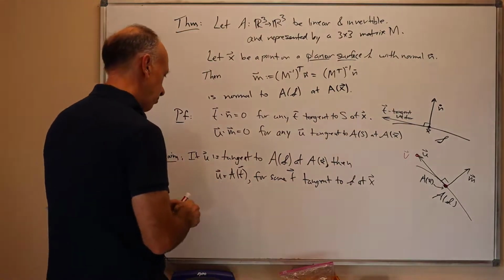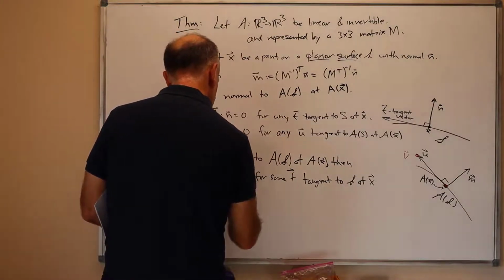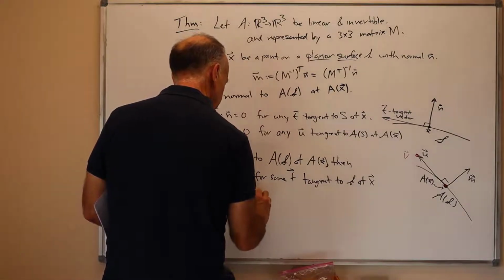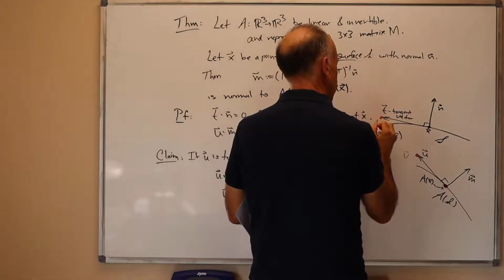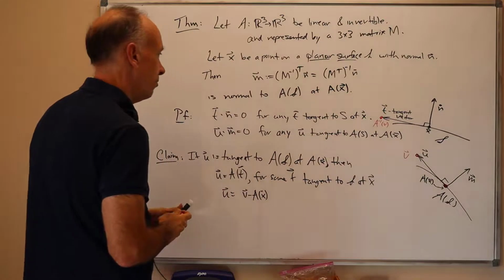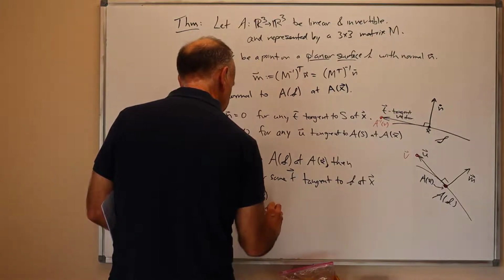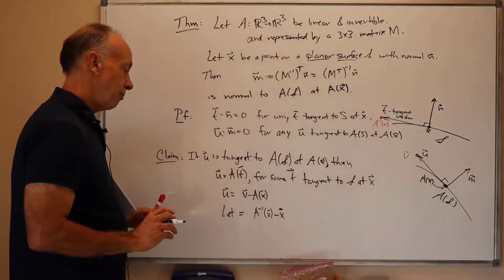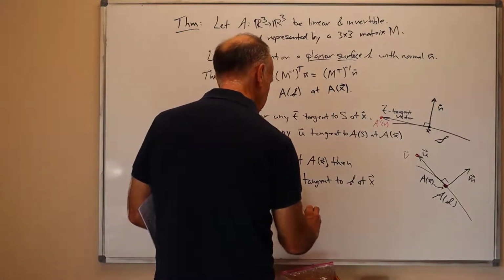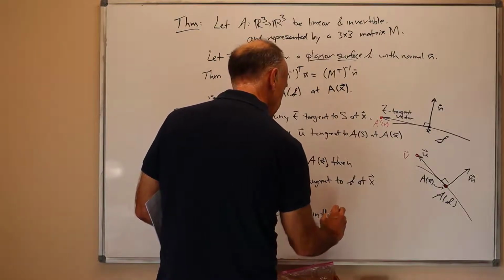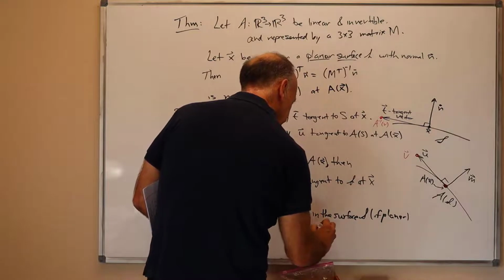Well then, in particular U is equal to V minus A of X. Well, with the planar surface here, here is A inverse of V. So then we just take T to be A inverse of V minus X. And with the assumption that the surface is planar, A inverse of V lies in the surface, and this lies in the surface, or at least is tangent to the surface in the general case.